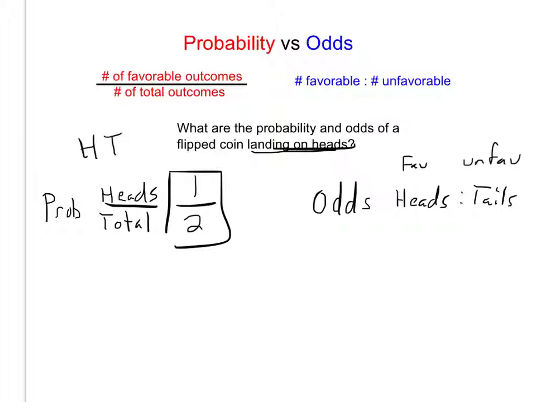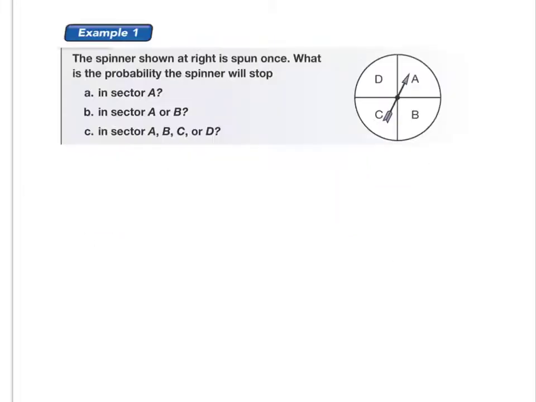And then for odds, the number of favorable outcomes is heads, and the number of unfavorable outcomes, well, I only see tails one time in my sample space, so here's the odds. The probability is 1/2, and the odds are 1 to 1. For every one time I could flip heads, there's one set of unfavorable outcomes, tails, to match up with it. So again, probability, favorable over the total, odds are favorable compared to unfavorable.